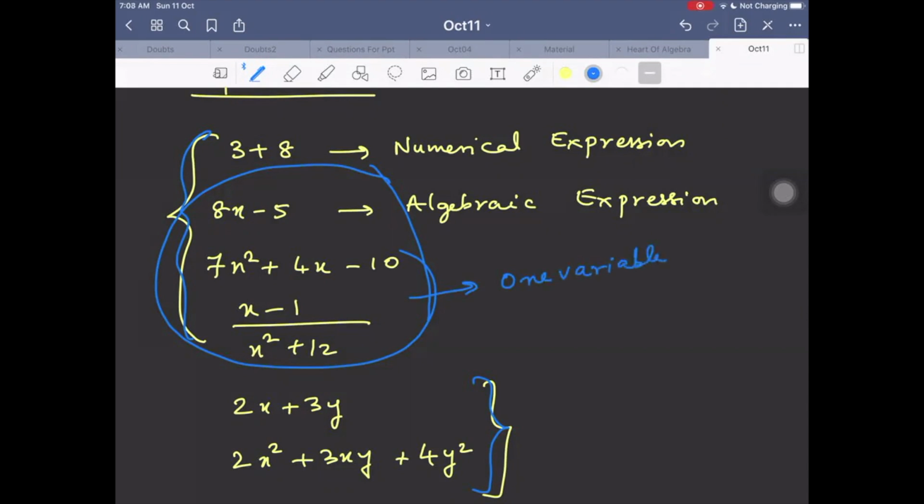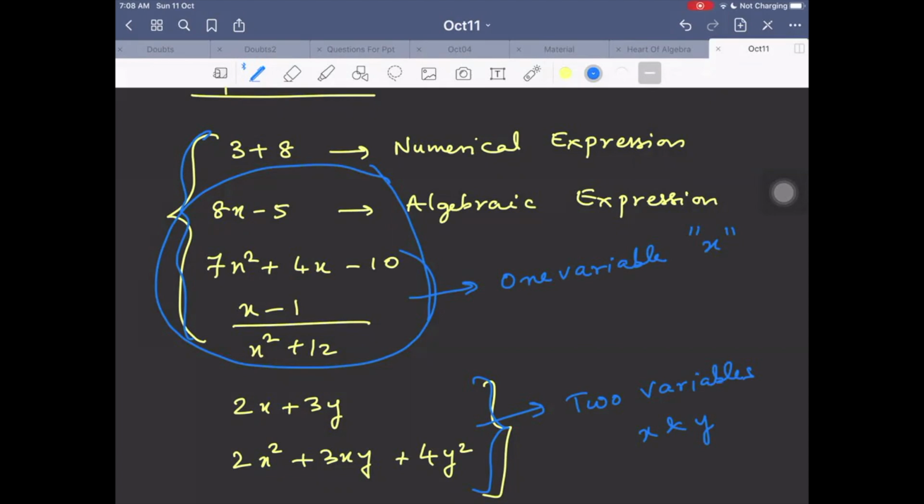And the variable being x, right? And these are expressions in two variables. Please understand the difference between an expression in one variable and an expression in two variables, x and y. Got it? I hope this is okay.